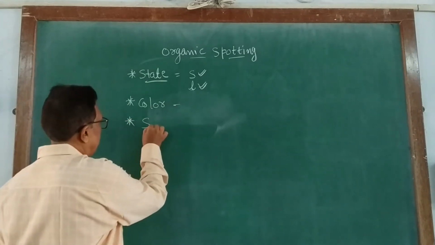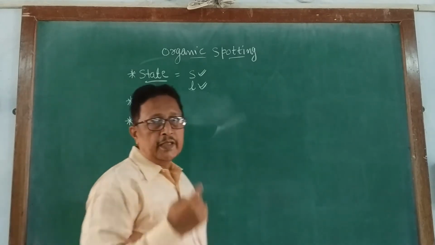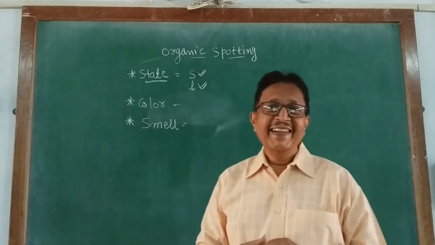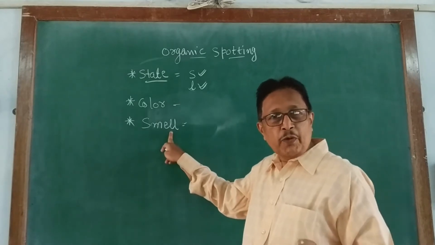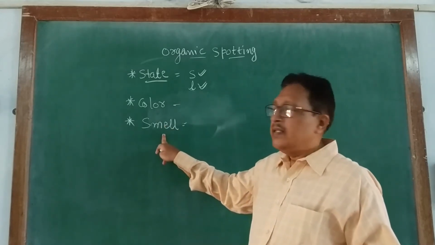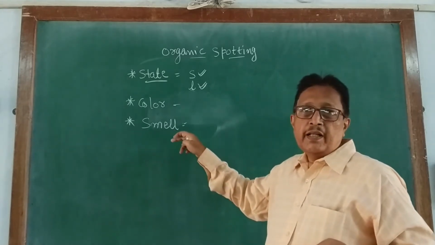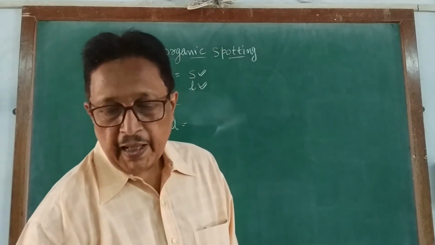smell. For that, this one is required. Do you have it? Okay. But when you go for organic spotting, we may feel that you are not having this one. How do you check the smell?